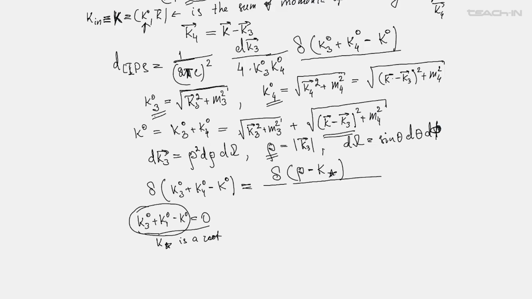So in other words, you need to take the modulus of the derivative dK30 over d rho plus dK40 over d rho, and then substitute in this result rho equal to the root of this equation K30 plus K40 minus K0 equals 0. Then this is a change of variables in the delta function.